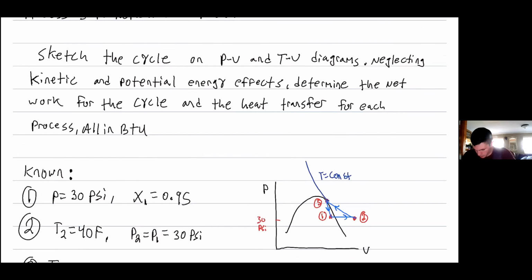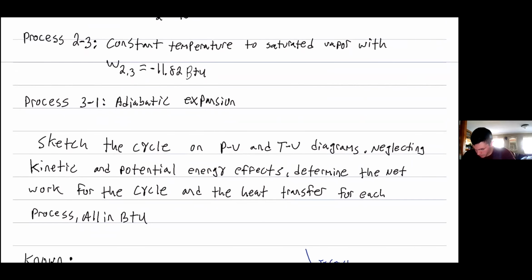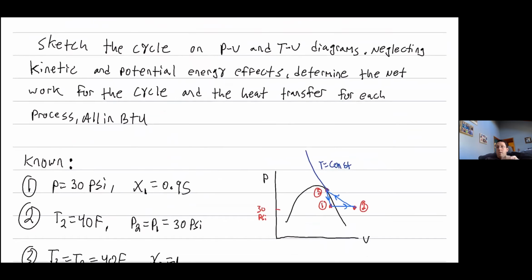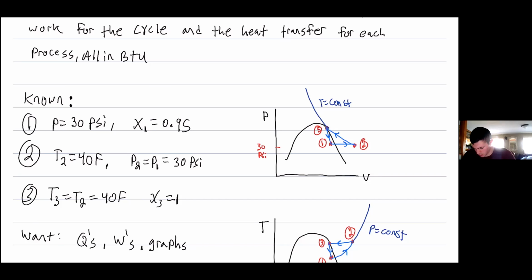How do you go from 2 to 3? Let me read here again. 2 to 3, constant temperature, saturated vapor. Well, they already give you work for that part, so we don't have to find that. We just have to find heat. It's kind of an isothermal thing, but we don't really have anything special going, like there's no general way to do that.